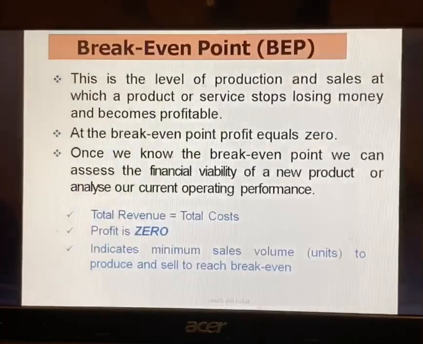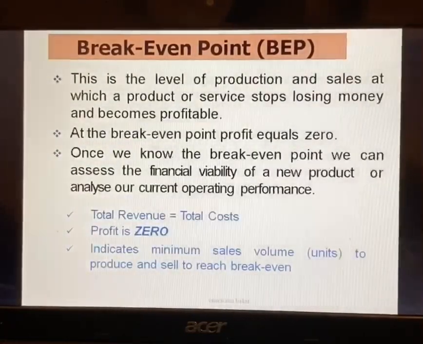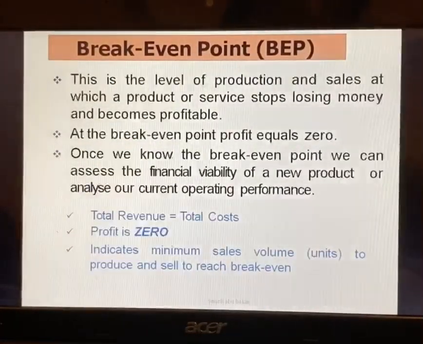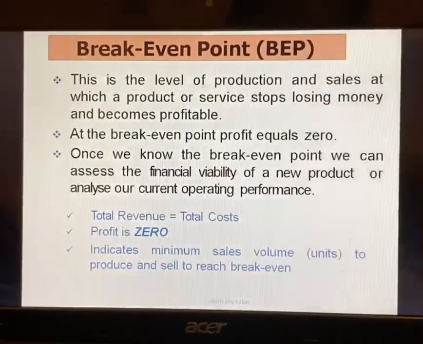So let's see what is the break-even point, or the BEP. The break-even point is the level of production and sales at which a product or service stops losing money and becomes profitable. So at this break-even point, the profit equals 0.